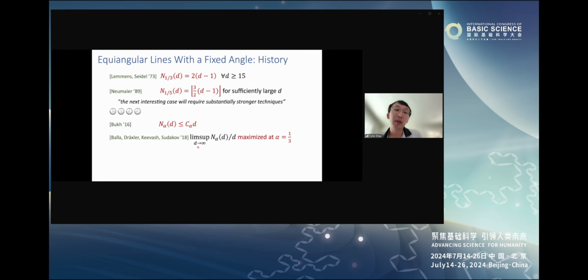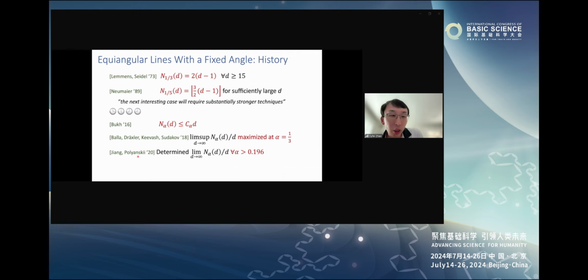It turns out that this coefficient is maximized at alpha equals 1/3, where this coefficient is 2. Right, so this coefficient can be at most 2, and it is strictly less than 2 for other values of alpha. So this is somewhat counterintuitive, but there is no contradiction because we're still talking about a fixed alpha and d going to infinity.